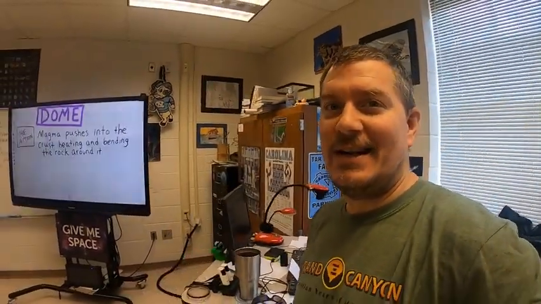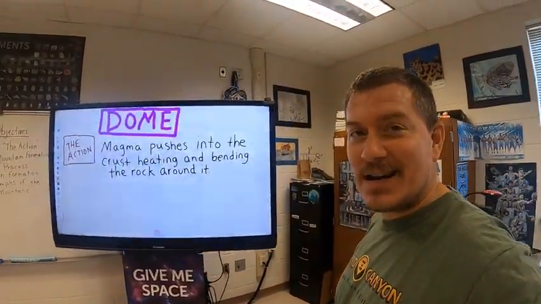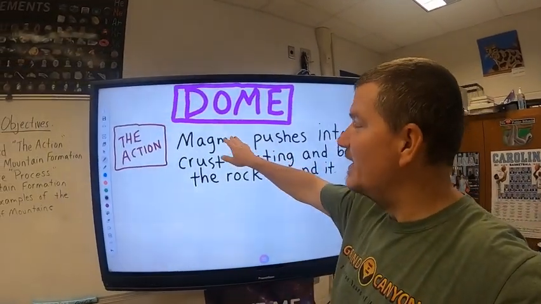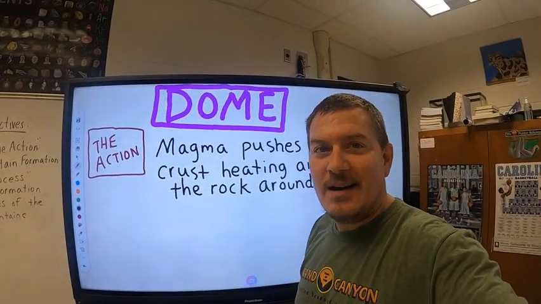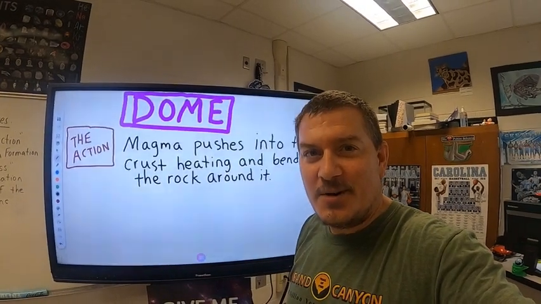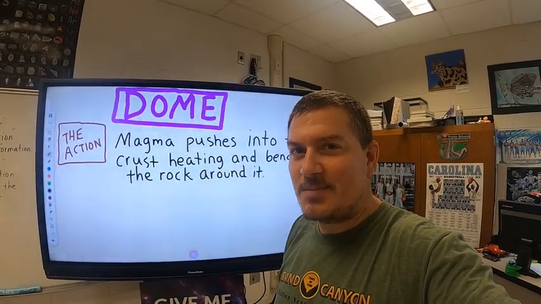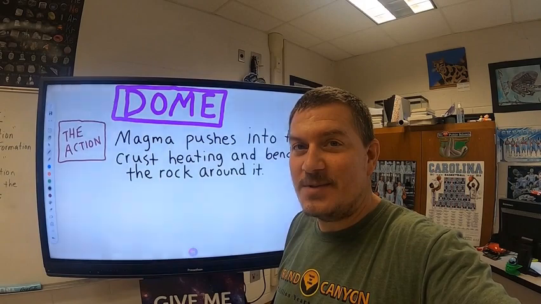All right, so that brings us to our last type of mountains of the 5 types of mountains, dome mountains. So let's go ahead and get our action and our title set up here with dome mountains, D-O-M-E, dome. You should know the shape of a dome. There's plenty of famous sports places that use domes.